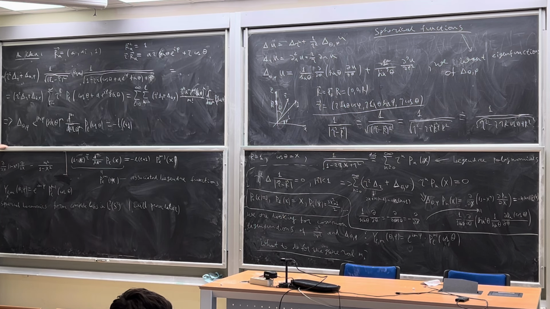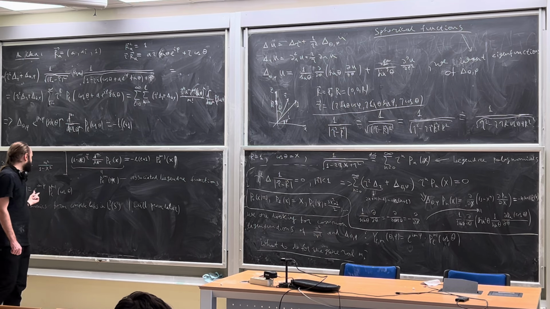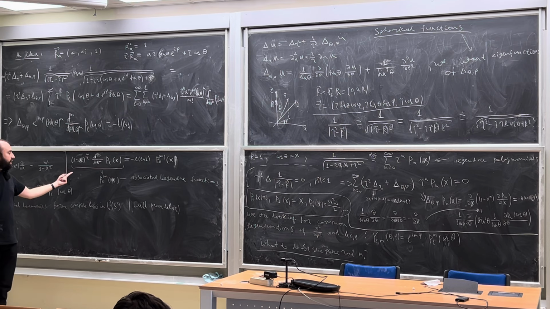And the nice thing about this is that all these functions can be expressed in terms of Legendre polynomials, simply differentiating them and multiplying by powers of 1 minus x squared to the m over 2, or sine theta to the m.